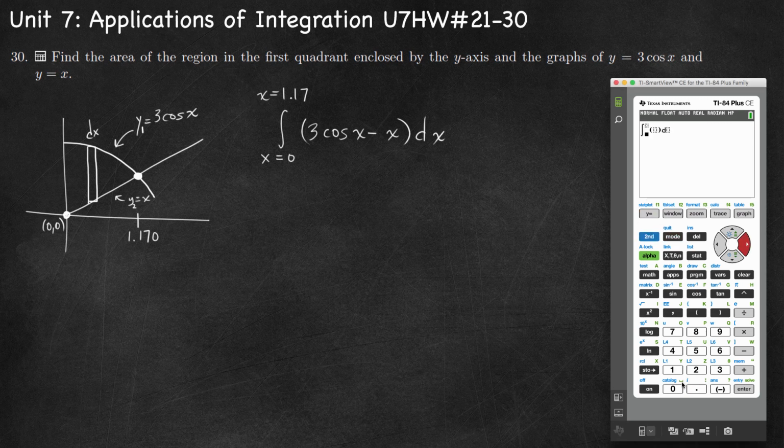Okay, so our integral goes from 0 to 1.17. 3 cosine x was my y1, minus, and then x is my y2. It's faster to type x, but for the sake of demonstration, I'll use y2 with respect to x, and we get 2.078.